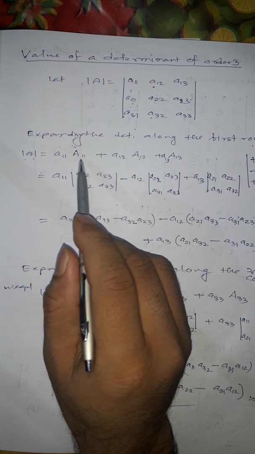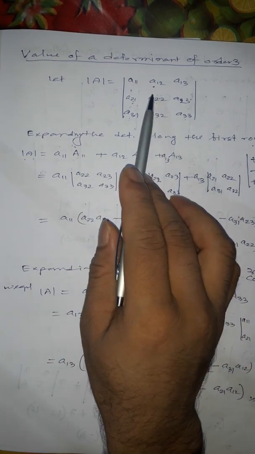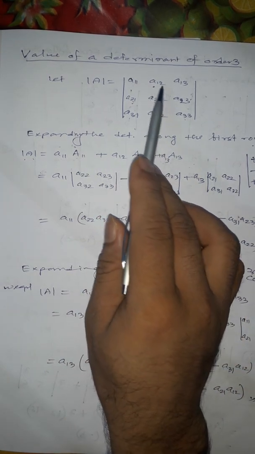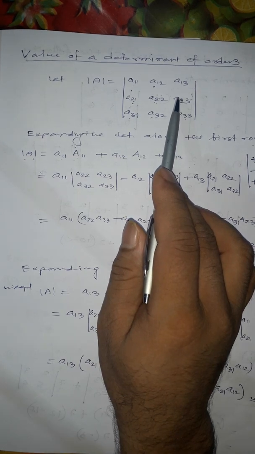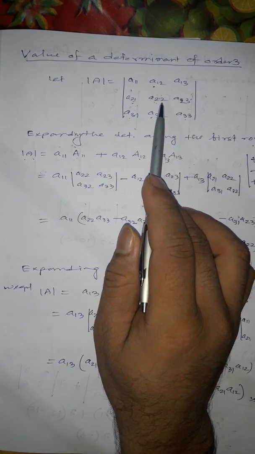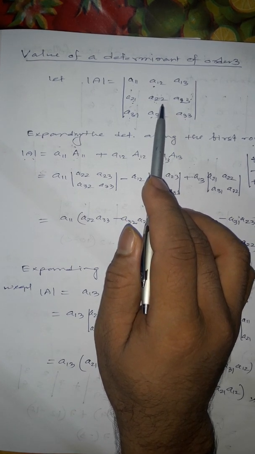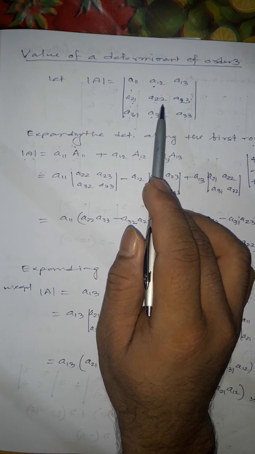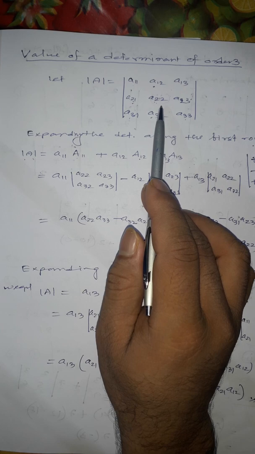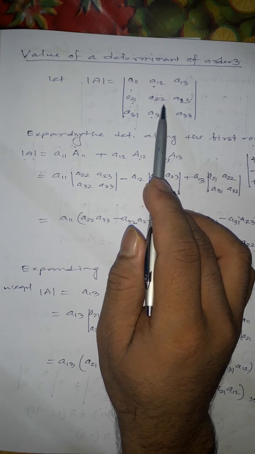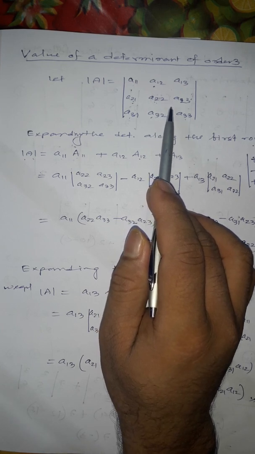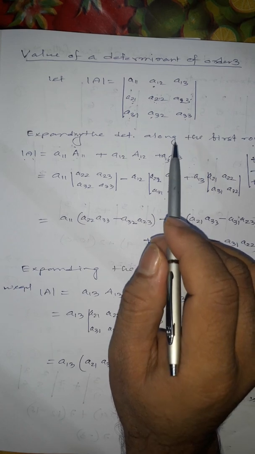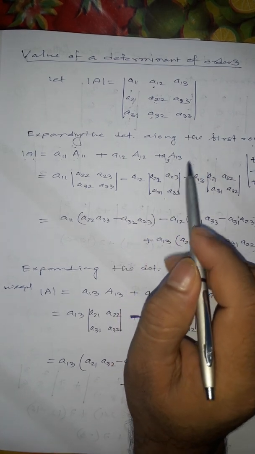So this is the expression to get the value of the determinant if you expand along the first row. You can expand along any row or along any column. The value will remain the same. The value of the determinant will not change. You will get the same value whether you expand along the first row or second row or first column or second column. You will get the same value always.